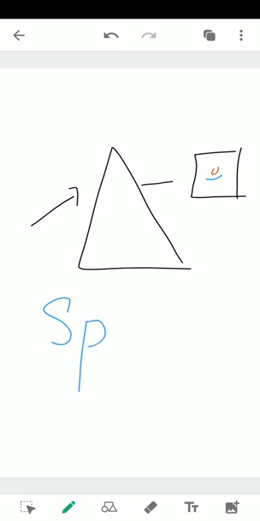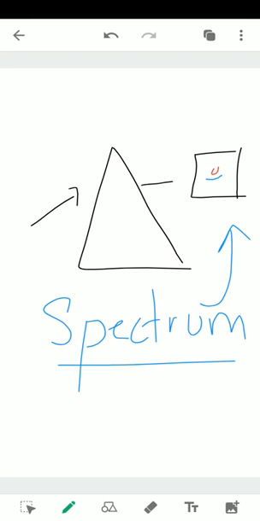So he gave the term spectrum to this patch. He could notice that starting from the side of the base of the prism, the colors in the spectrum on the screen were in the following order: violet, indigo, blue, green, yellow, orange and red.